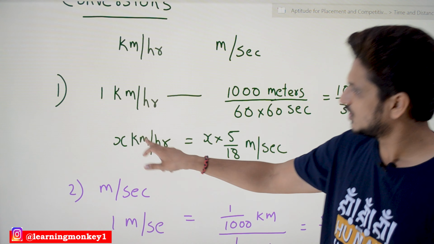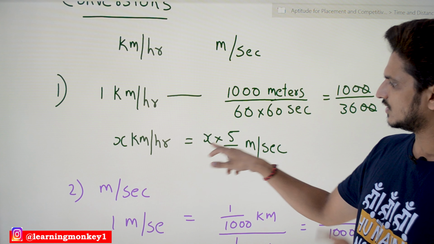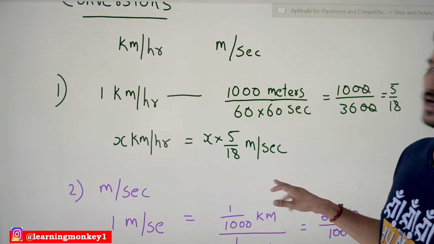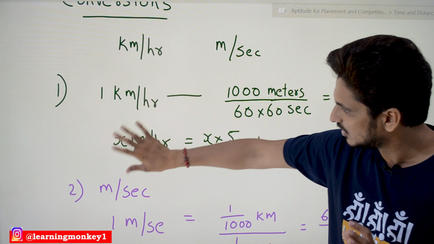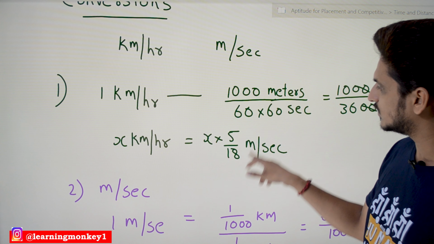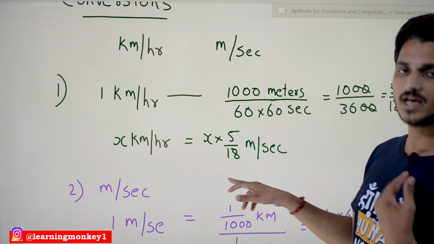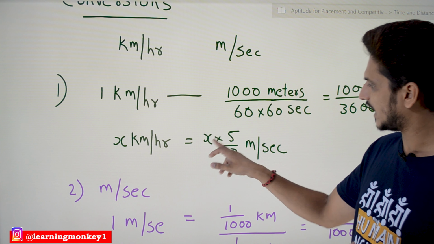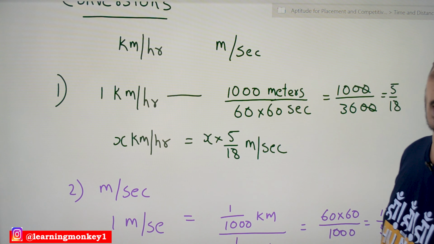If you traveled x kilometers per hour, that is equal to x multiplied by 5 by 18 meters per second. If you want to convert given kilometers per hour into meters per second, this is the equation you have to follow.